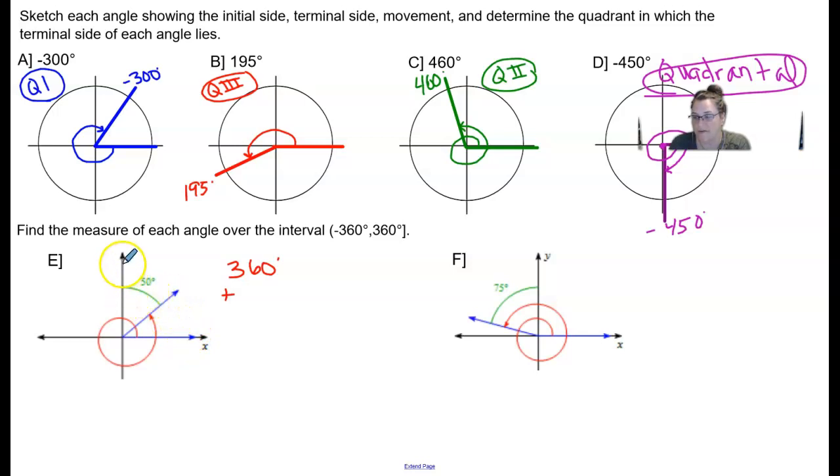Then it's another 50 degrees to the positive y-axis, and that would form a right angle. So this blue angle is a complement to the green angle, and that would be 90 minus 50 to find the complement. So this blue angle is 40 degrees, and that's how much further we're going past our 1 revolution. So 360 plus 40 makes this angle 400 degrees.